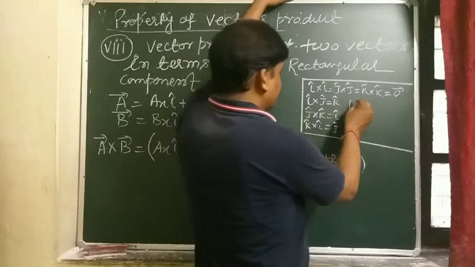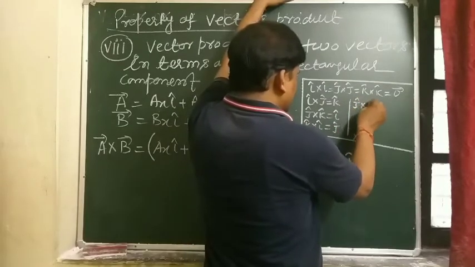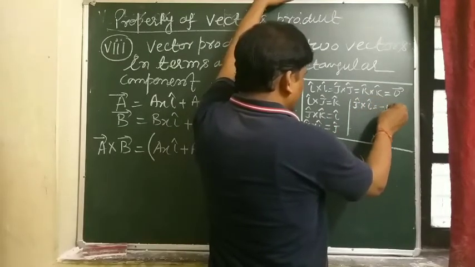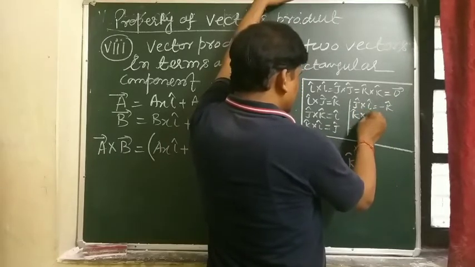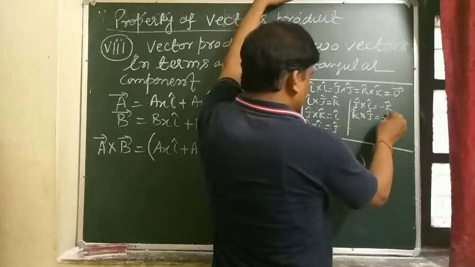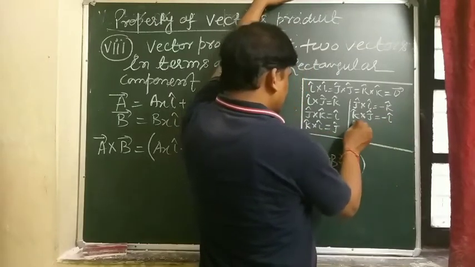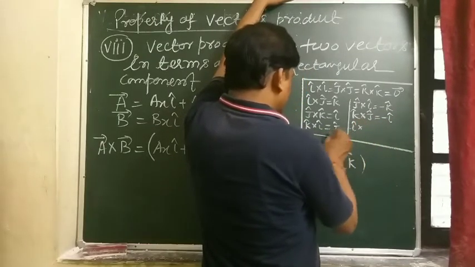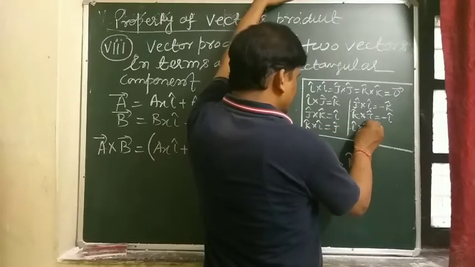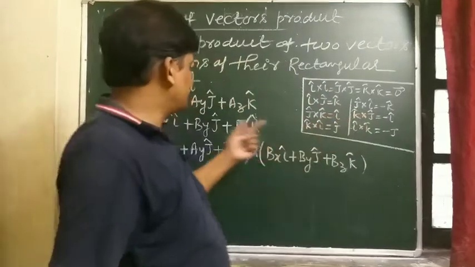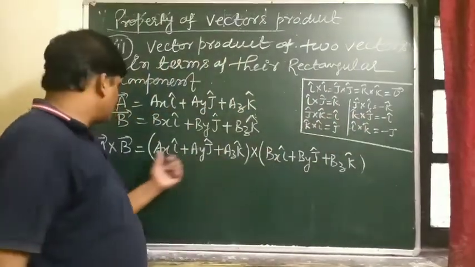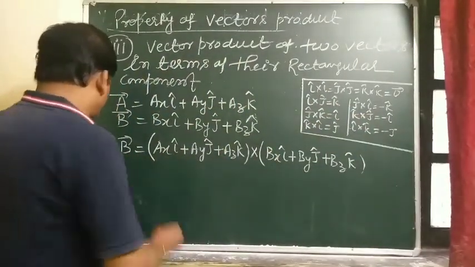And the reverse of this, j cross i, is minus k; k cross j is minus i cap; and i cross k is minus j. This unit vector formula is what we use in this cross product of vector A cross vector B.